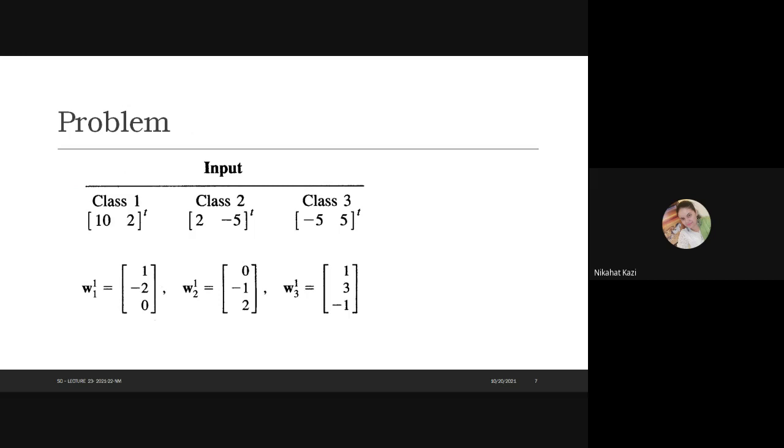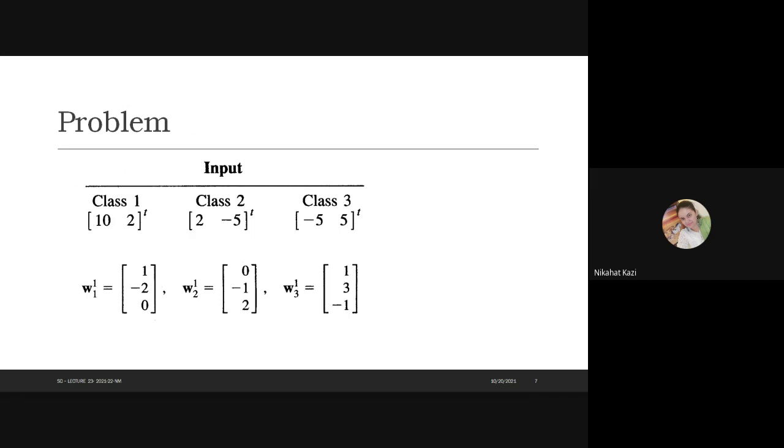And in fact, I'll give you one more problem that you can solve as part of the practical. This particular problem has three classes. What are the classes actually? Classes are nothing but the number of neurons that you will have in the layer.